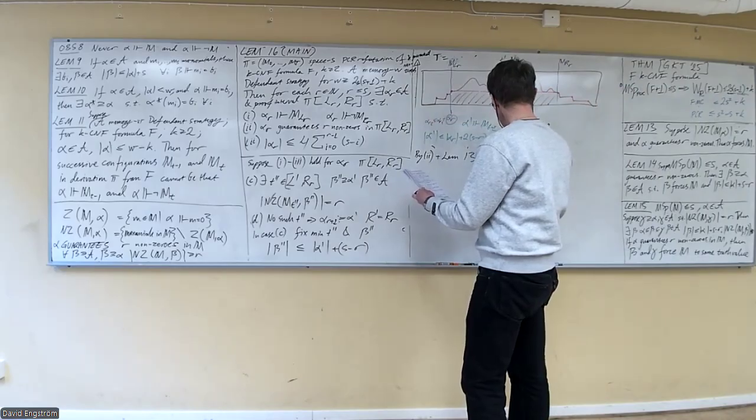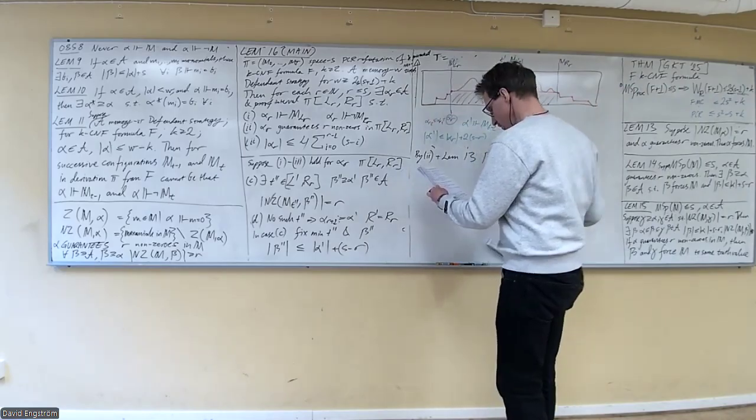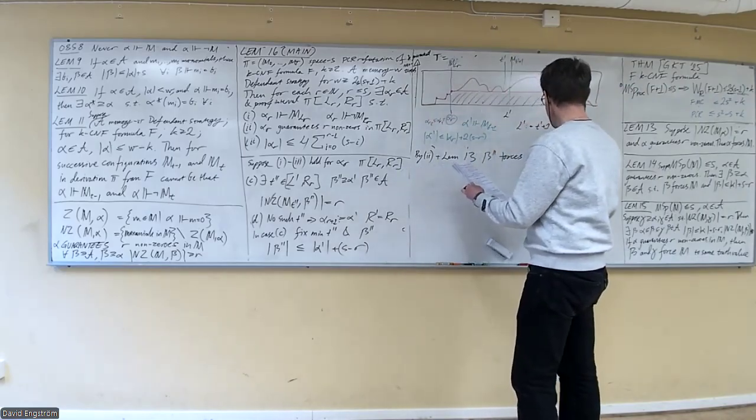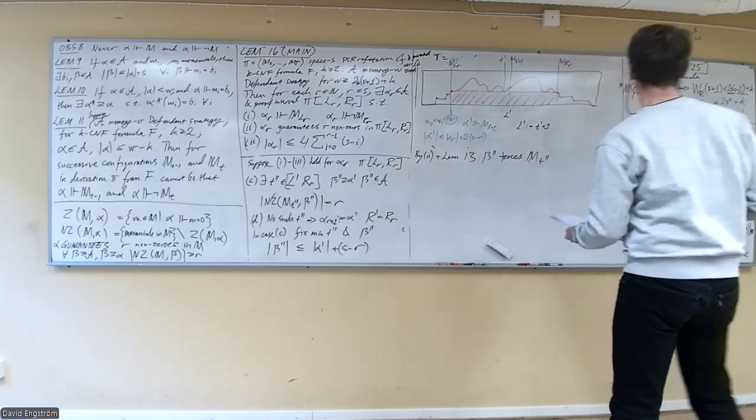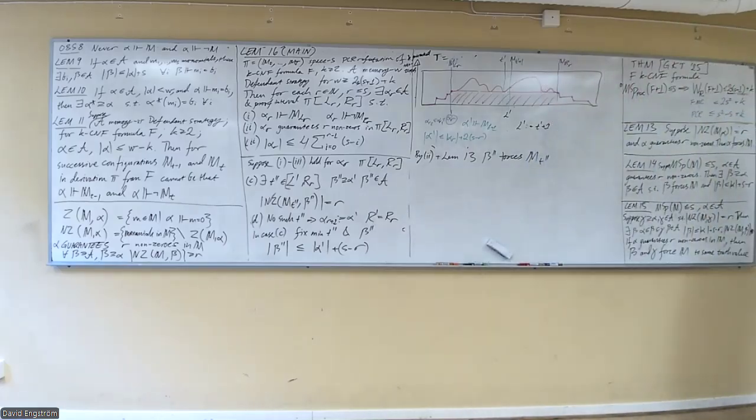Beta double prime forces M sub T double prime. Because again, we're at the space bound, so we actually have to have equality, and we know that already alpha guaranteed this many zeros.